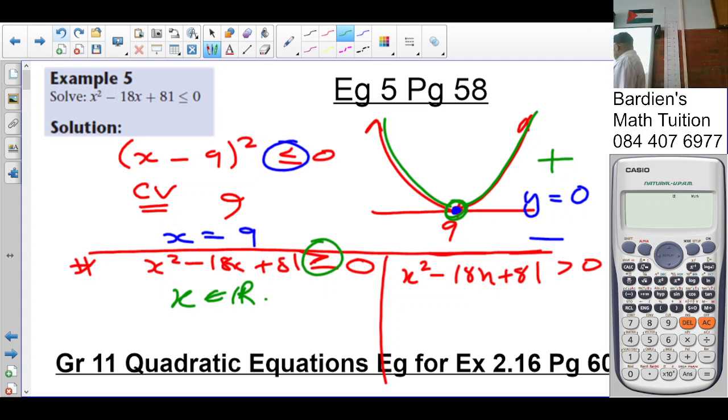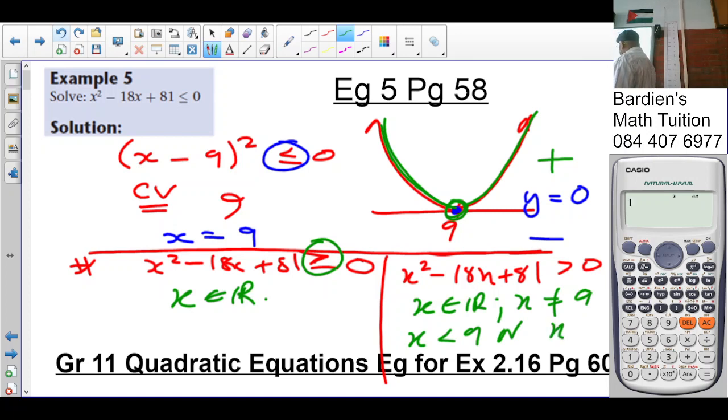No. So here you can say x is an element of all real numbers, x is just not equal to 9. Or you could have said x is less than 9, which is that part, or x is more than 9, which is this part. Can you see that, people?